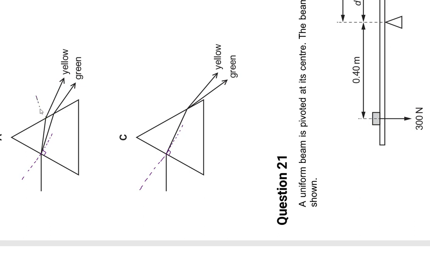90 degrees, 90 degrees, 90 degrees. Now, when the wave is entering the glass, so this is a white light wave, it's going to start to disperse. So look here, there's no dispersion, so it can't be this one by default.